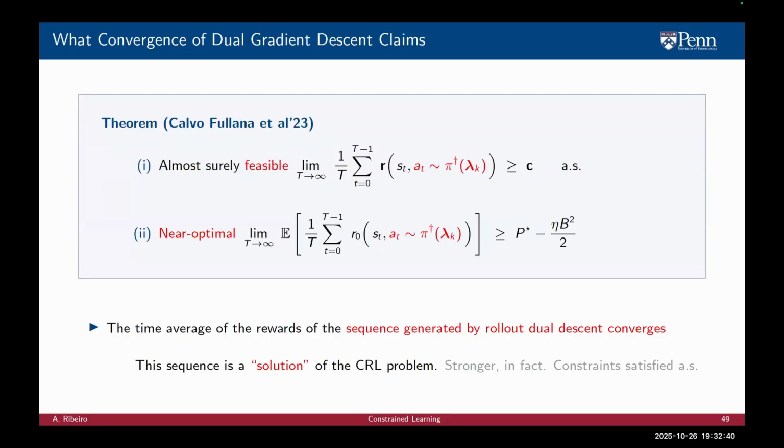Yeah, that is a fantastic point. Here I am pointing to this theorem, where we have P minus eta B squared over 2. Eta is the step size in the dual domain. If you increase eta, switching will become faster, and therefore you will suffer less from the problem at the cost of suboptimality.